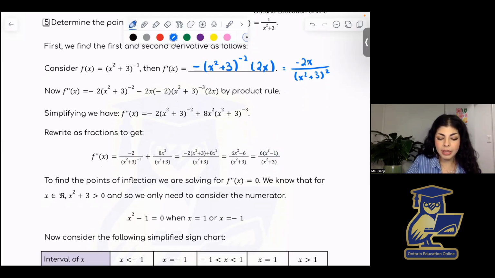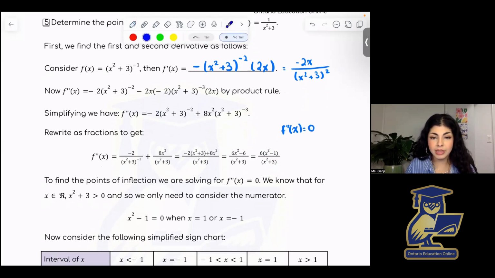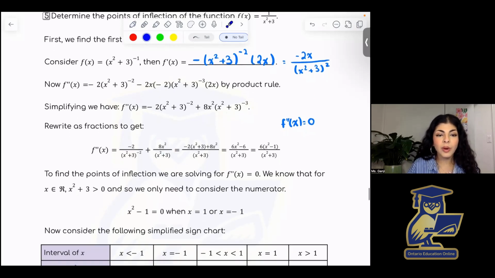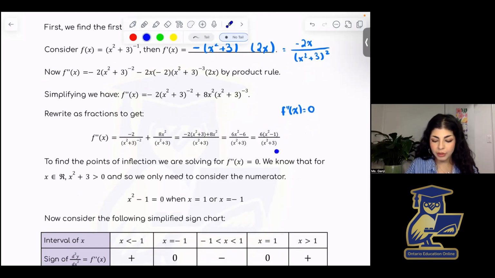The reason why I did that is because we wanted to find points of inflection. To do that, we want to find f double prime of x equal to 0. I hope you can see that this looks scary to approach, and even here, it's not enough. So that's why you have to do some mathematical and algebraic manipulation to find this expression. Now I can actually solve for the second derivative equal to 0, because for this to be 0, we're only looking at the numerator being 0.